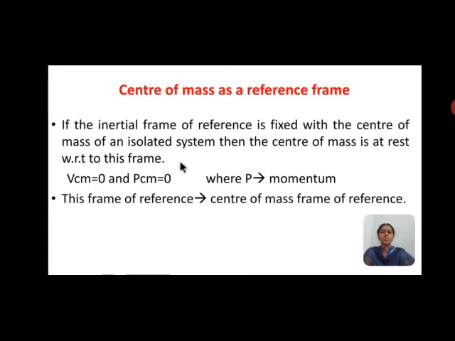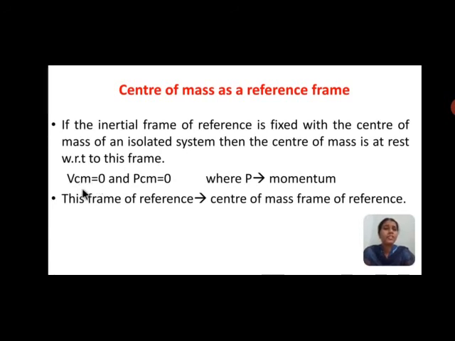So in this case what happens? In any inertial frame of reference, the center of mass of an isolated system will move with constant velocity, meaning the velocity of the center of mass will remain 0. Therefore VCM is equal to 0.